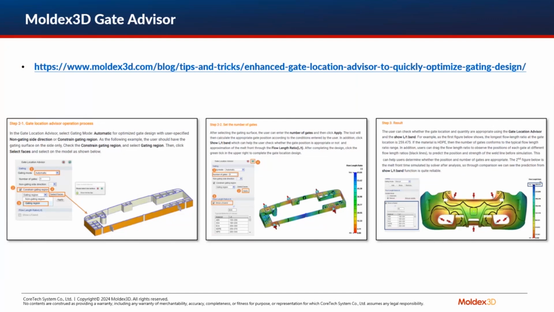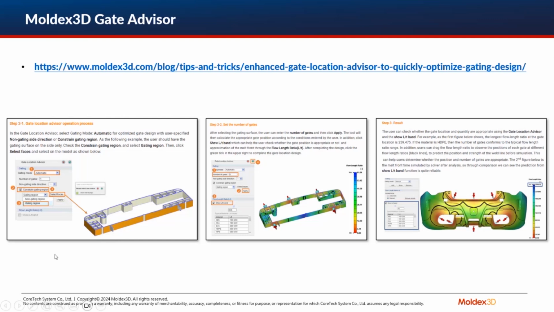Another thing is Gate Advisor. So this is the enhanced Gate Advisor. I would highly recommend you folks to check it out. It's not just the Gate Location Advisor, but if you type in enhanced gate location advisor Moldex3D, it will take you to this link. When you are in the initial part design or part development phase, it will help you quickly identify the ideal locations for the gates.